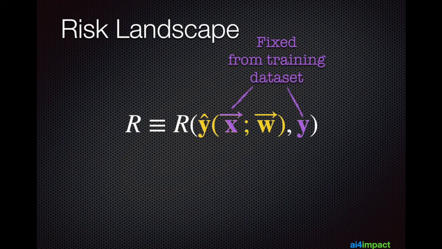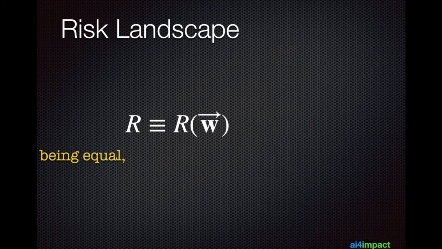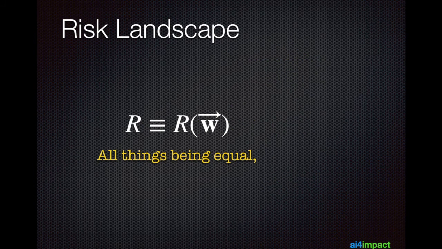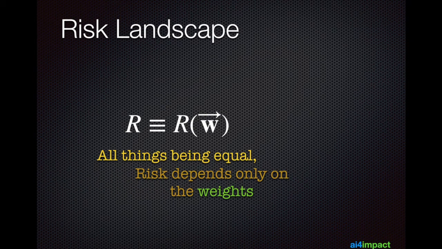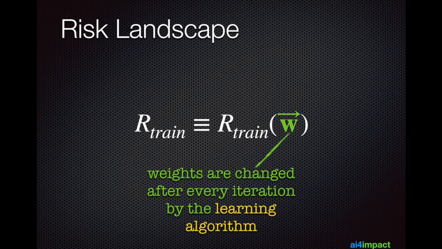In the training phase, both x and y would be from the training dataset, while w would be changed by the learning algorithm after every iteration. In other words, all things being equal, the risk depends only on the weights. So we say that the training risk is really just a function of the weights. And these are changed by the learning algorithm after every iteration.